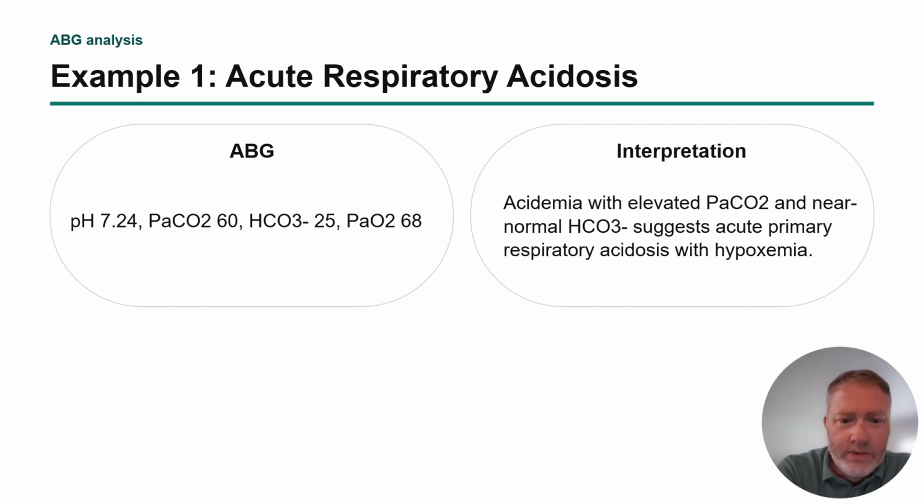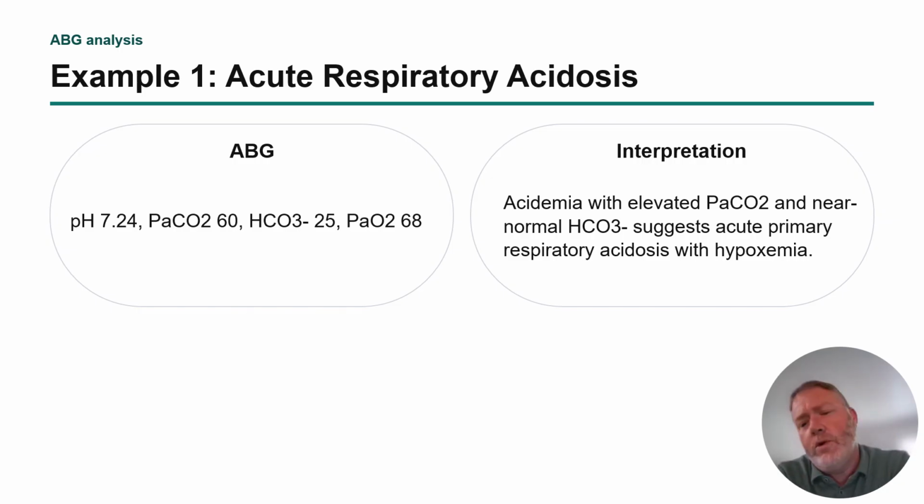So first example: acute respiratory acidosis. So acute or uncompensated. So we've got respiratory acidosis. So pH low, 7.24, CO2 high, 60, bicarb 25, normal, so uncompensated or acute, and then your PaO2 of 68.